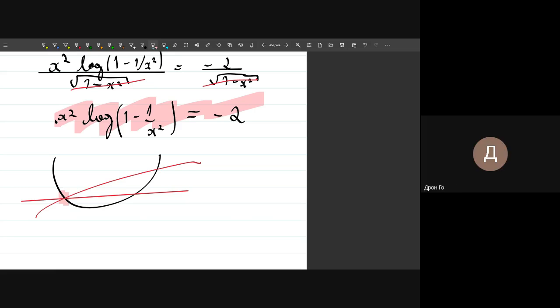So we don't have an analytical solution, but we have a numerical solution. I guarantee for you the solution is this answer. But you can only get this value using a graphical calculator.